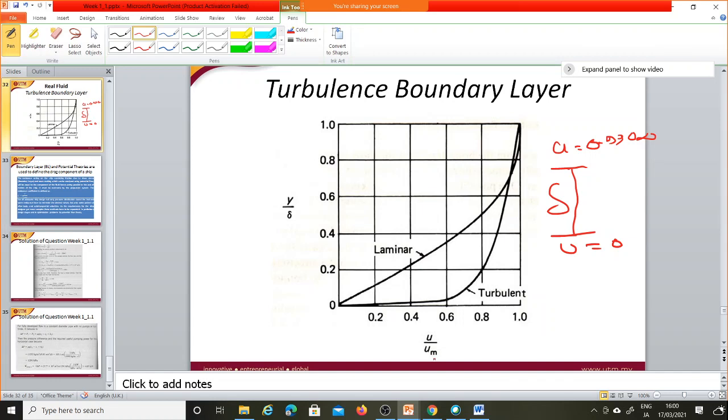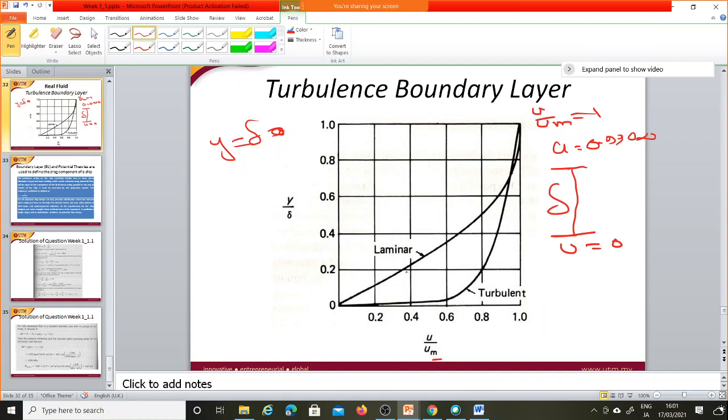Sometimes they use U infinity, but all are the same, the free stream velocity. If y by delta is equal to 1, then u by U should be 1, meaning u attains the maximum velocity. It's actually 0.99, but for simplicity they consider 1. It cannot be more than 1. So how will it attain this?